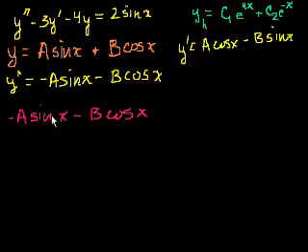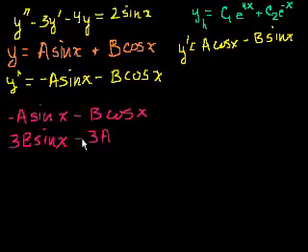So the sine term is plus 3b sine of x. And then minus 3a cosine of x. And then minus 4 times our original function.